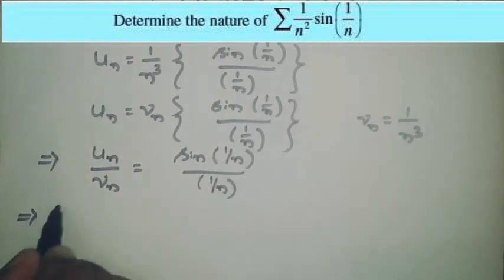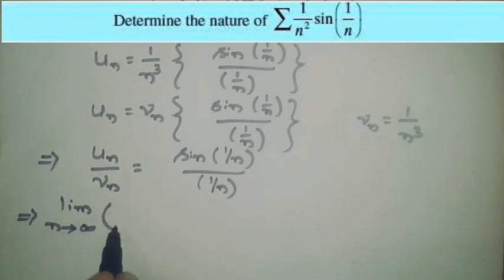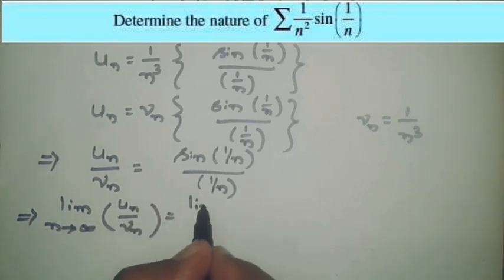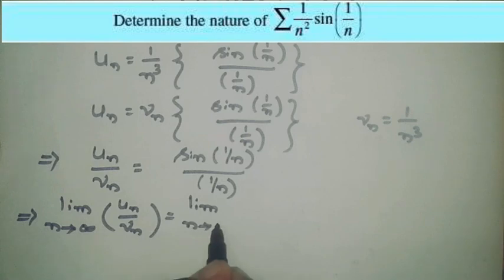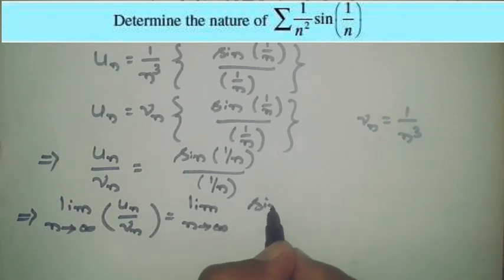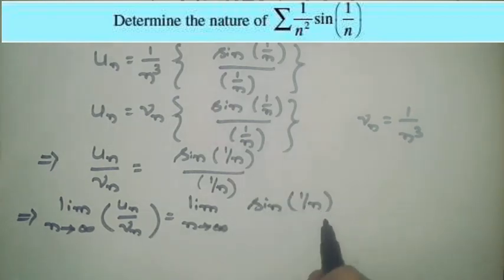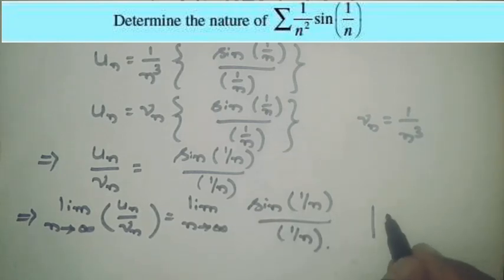Now taking limit as n tending towards infinity. This is as per the principle of comparison test we are doing. So the limit of un divided by Vn equals, on RHS also, limit as n tending towards infinity of sine of 1 by n whole divided by 1 by n. Now if we put 1 by n equal to theta, this implies as n tends towards infinity, 1 by n tends towards 0.